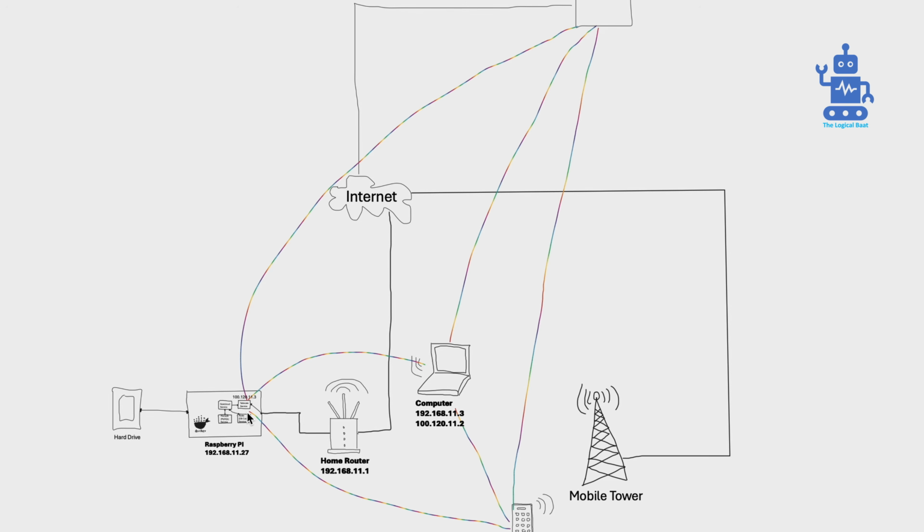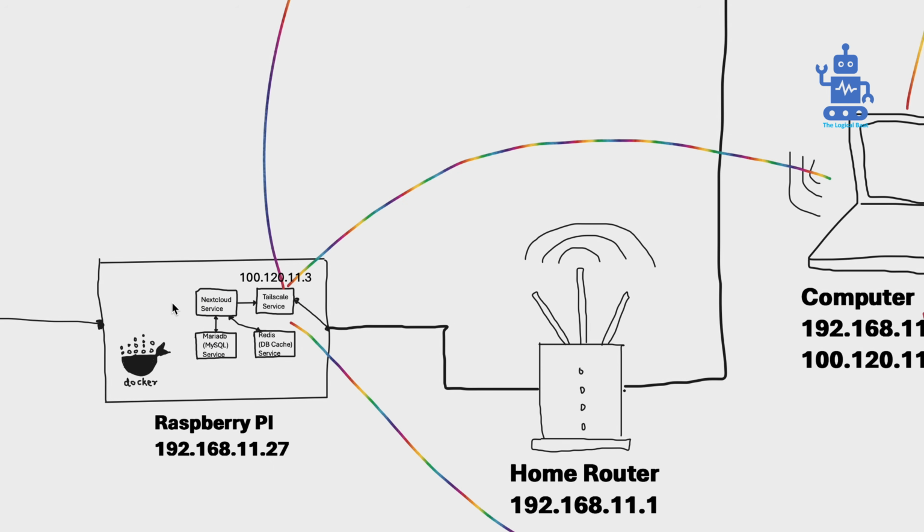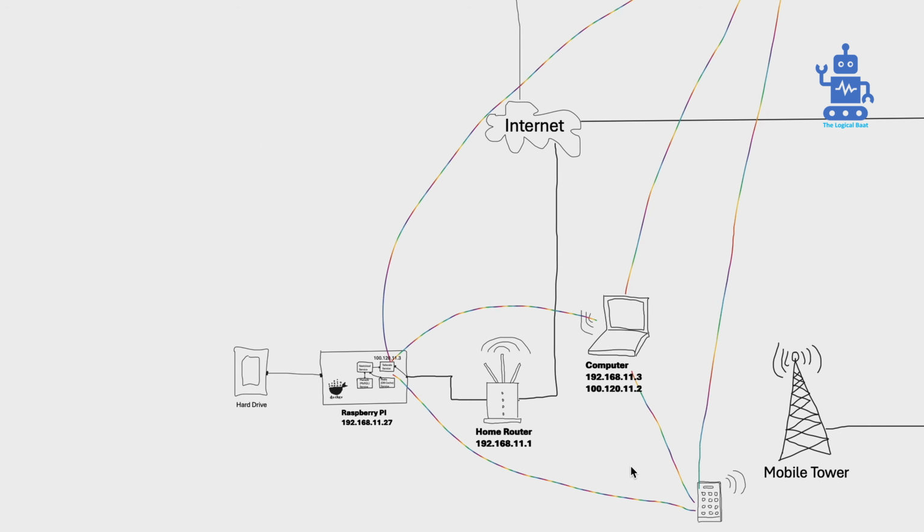Just that everything is encrypted, which means even if someone gets access to this traffic, they cannot read anything out of it because everything is encrypted, and only the devices which are connected can decrypt that data. So that's how you can access the Nextcloud service running on your Raspberry Pi outside of your home internet from anywhere in the world.